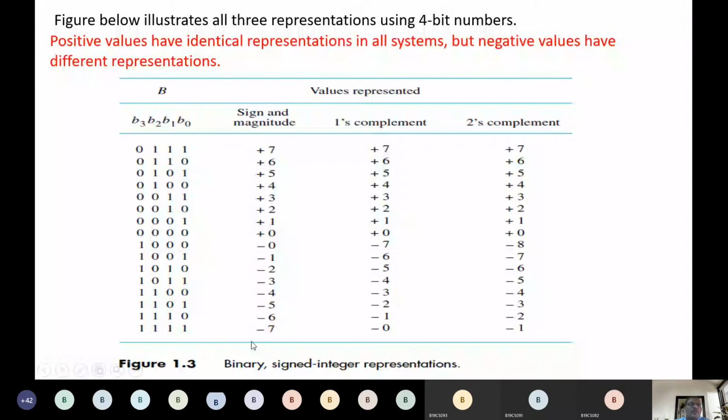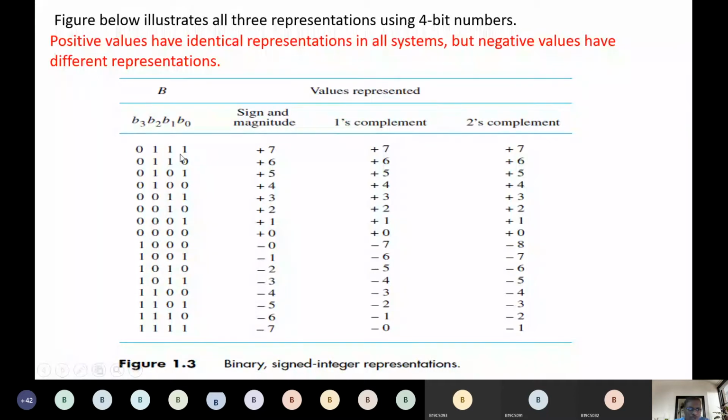Remember, out of these 4 bits, the leftmost is called the MSB, the most significant bit. This is the least significant bit. So the leftmost bit is the MSB in short.